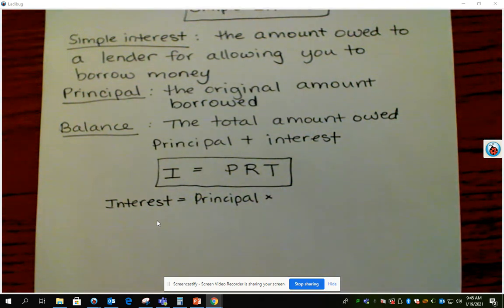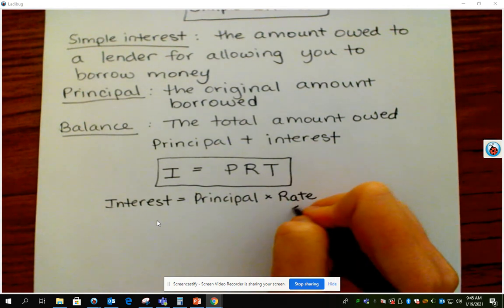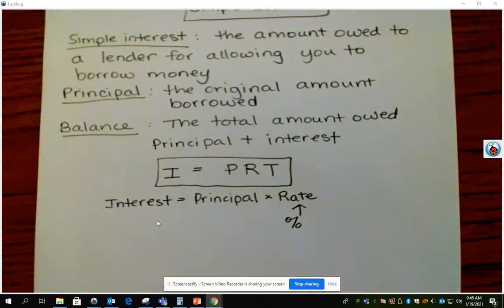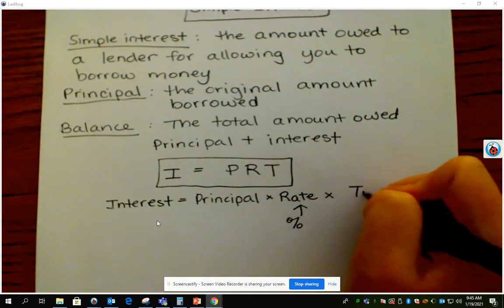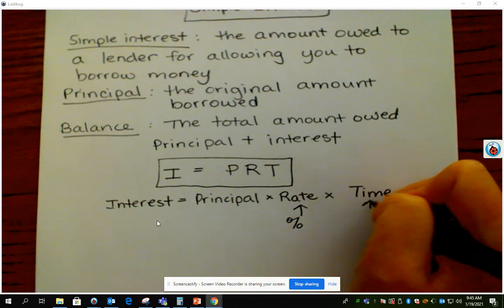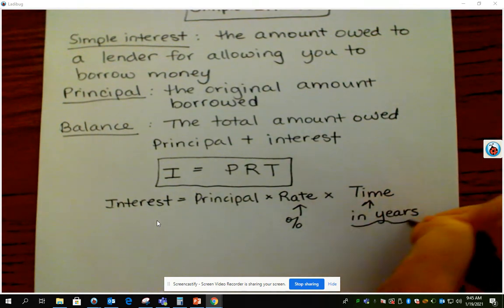So principal times the rate, we calculate interest as a percent, so the rate is in a percent, times time. And the time should be given in years, not months or days, but in years.